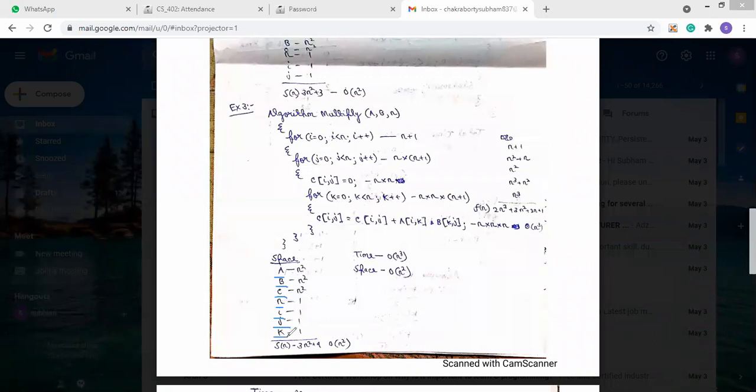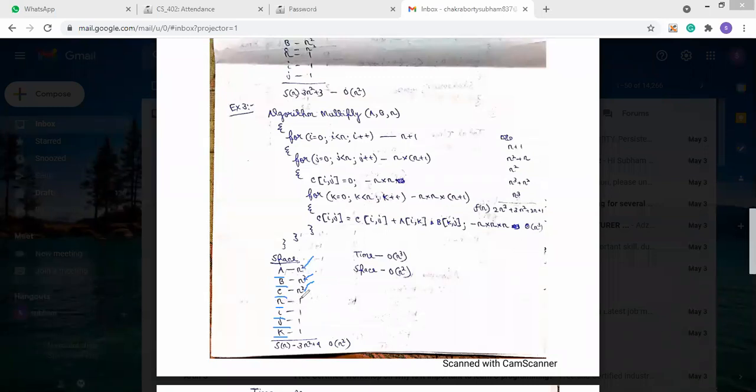These are the total variables present inside the algorithm, and A is an n cross n two-dimensional matrix. B is also a two-dimensional matrix, n cross n. C is also a two-dimensional matrix, n cross n. That's why n square, n square, n square. And n, I, j, k are all simple variables, and each requires 1 unit of space.